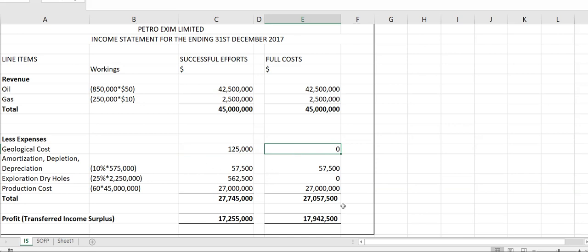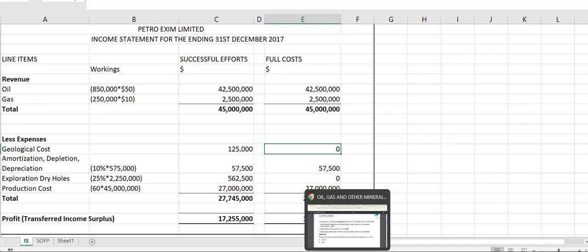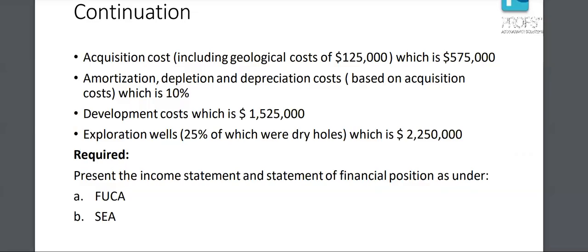So now let's look at the DDA. The DDA is based on acquisition cost. So over here too, I'm assuming that this 575, this is what the examiner is saying, is the total acquisition cost. Because under the successful effort accounting, if I'm assuming the 125,000 is expensed, then I might as well take it out before computing the DDA.